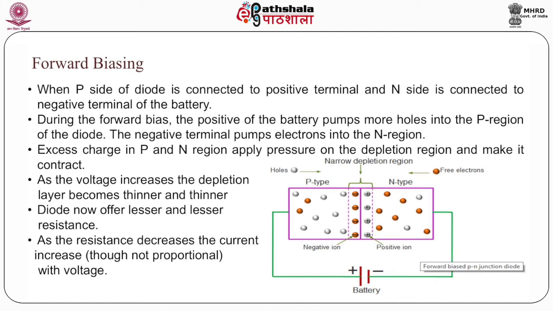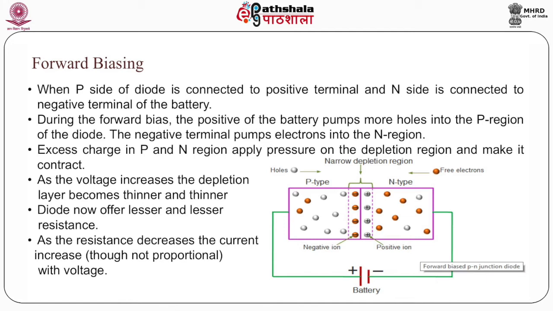So, in forward bias, the voltage applied to the circuit reaches a particular value known as the threshold or cutoff voltage, at which the depletion layer disappears by the pressure applied by the majority charge carriers, and from this point onwards the diode starts to conduct very easily. From this point on, the diode current increases exponentially with the voltage applied.